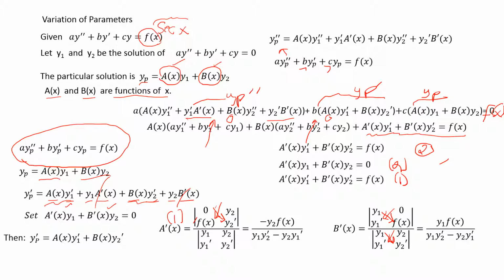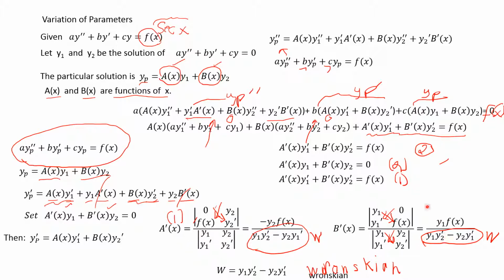Now this denominator is what you call the Wronskian W, where the Wronskian is y1 y2 prime minus y2 y1 prime. If you know a prime and b prime, then you can integrate them and you have the particular solution, which is the integral of this one and the integral of that one.